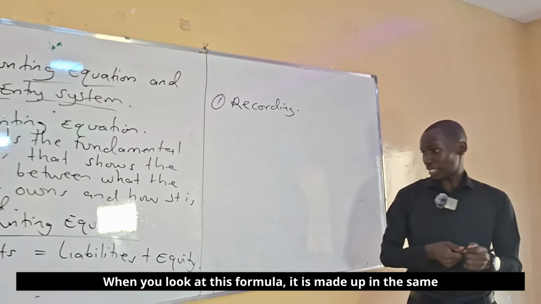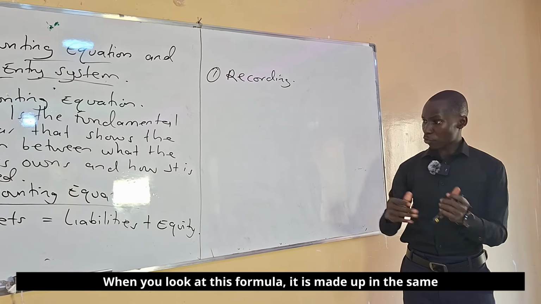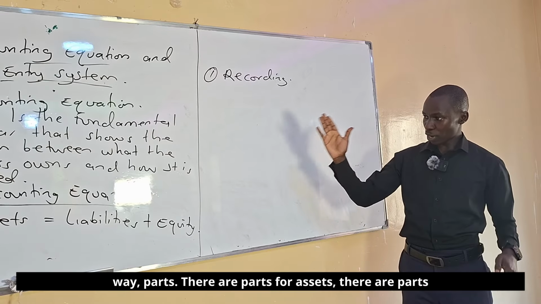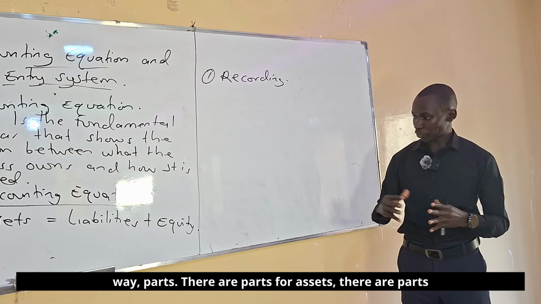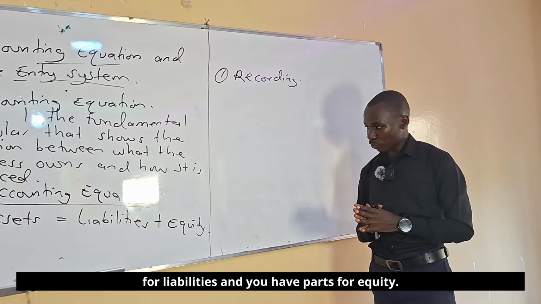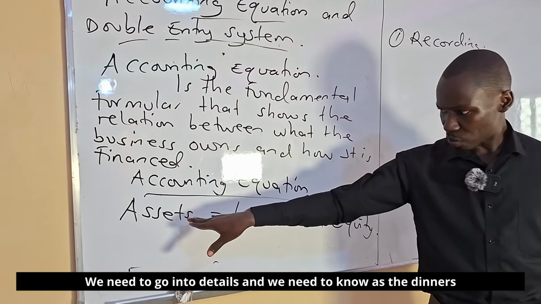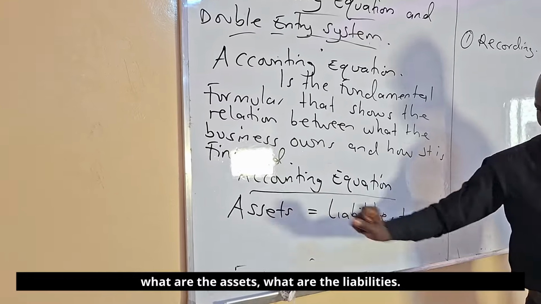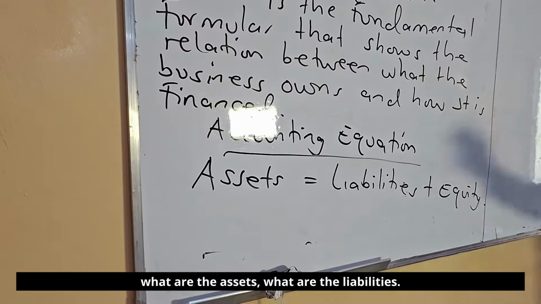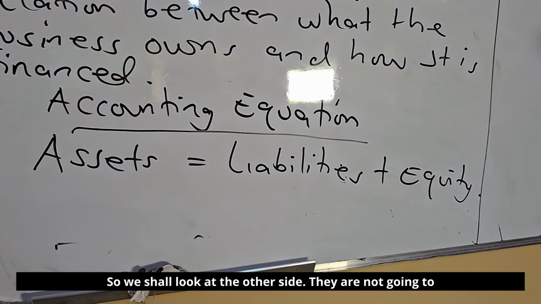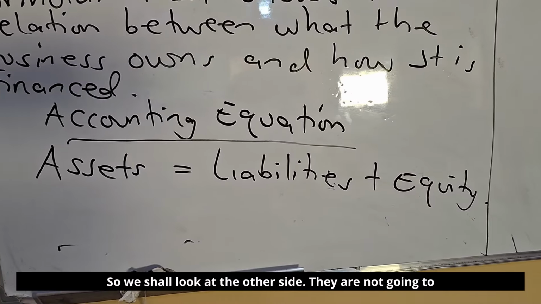When you look at this formula, it is made up of three main parts. You have a part for assets, a part for liabilities, and a part for equity. We need to go into details and get to know, as beginners, what the assets are and what the liabilities are. My colleagues outside there, I'm not going to use complicated explanations for this.